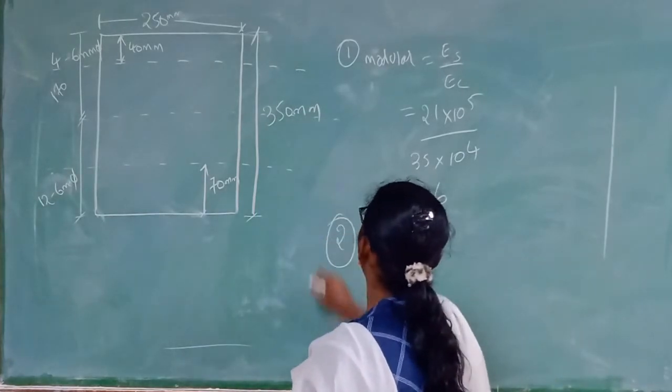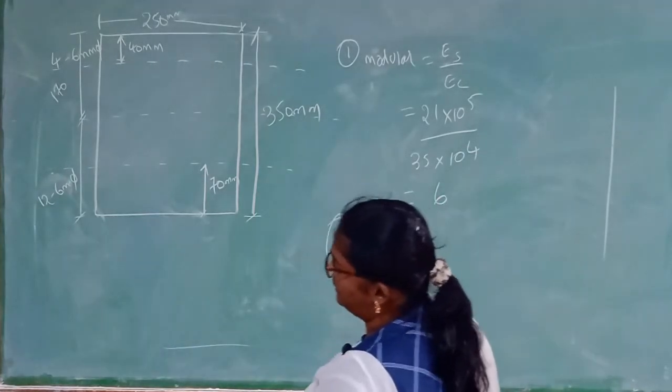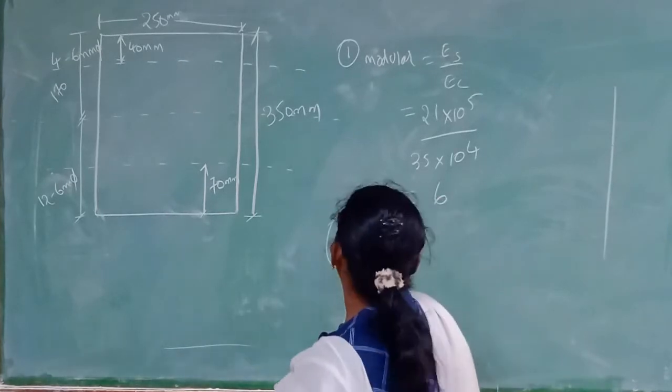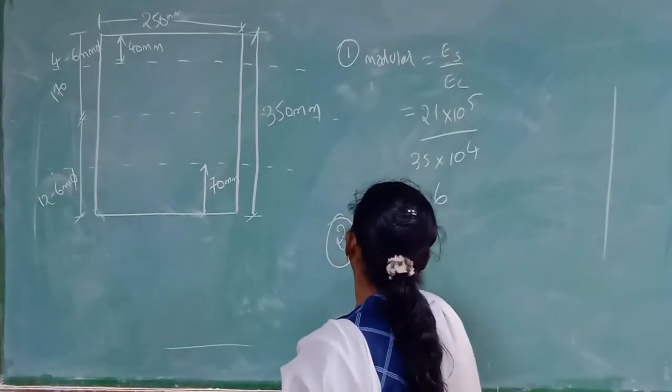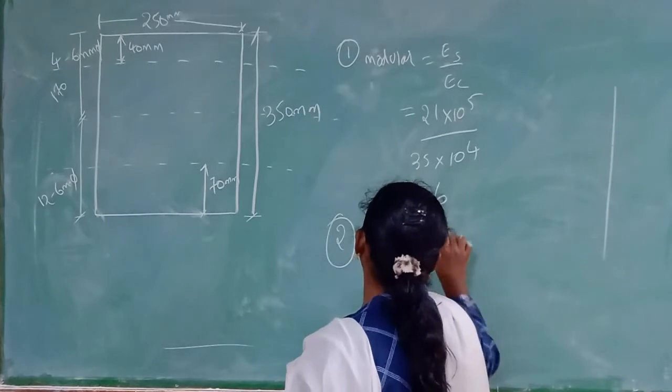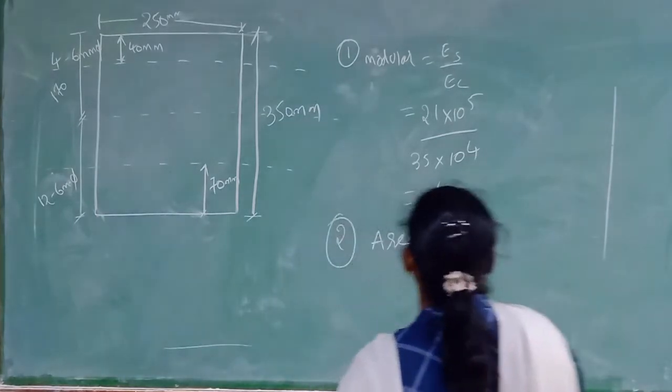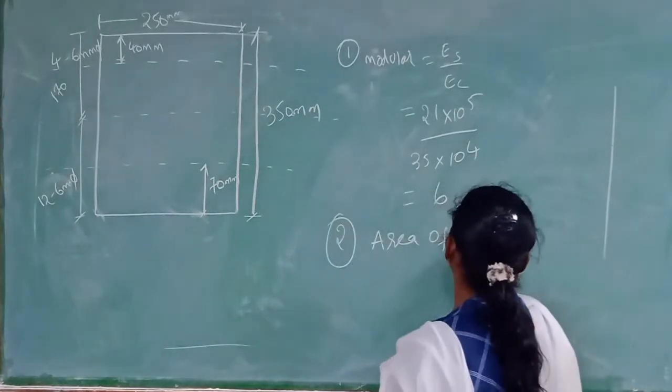The second one we need to calculate is the area of the concrete.